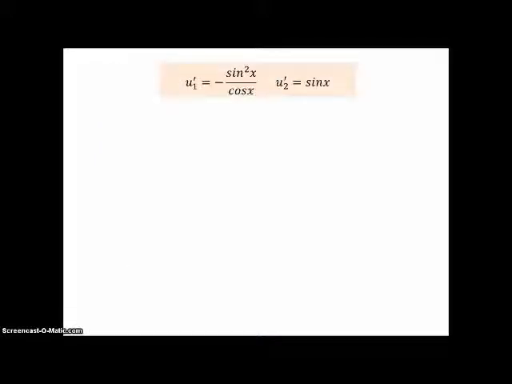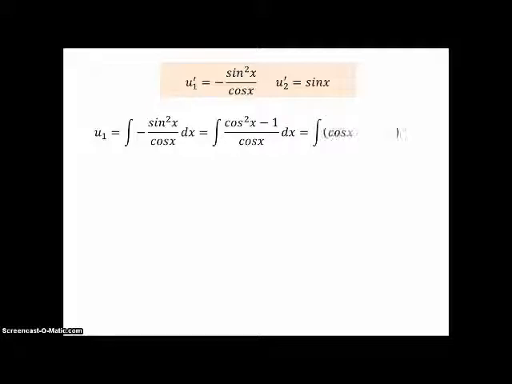On the next page, here's what we have for u1 prime and u2 prime. And I'm doing the hard one first. I can do the other one in my head. So the way to integrate that is to use an identity, split it into two fractions, and then the antiderivative of cosine is sine x, and the antiderivative of secant x, you might have to look that one up.